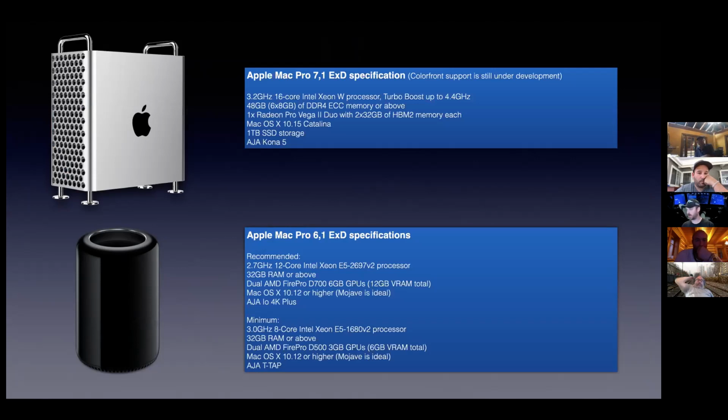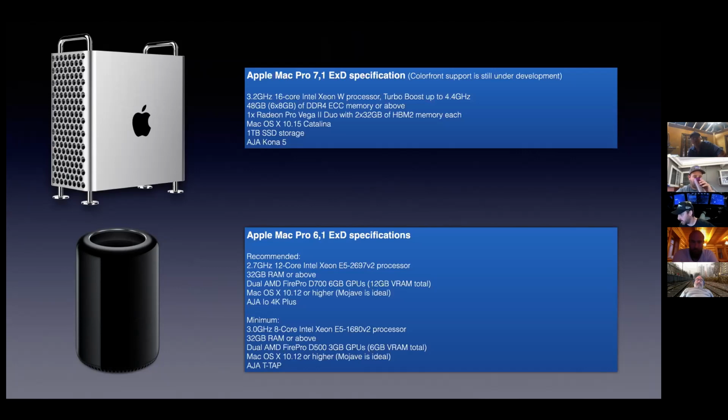So this is the system requirements for, right now, we're still in the process of fully certifying the new Mac Pro 7.1. That's what I'll be showing today. But undoubtedly it will be in release before too long. And so currently what we're recommending is at least a 16-core proc with 48 gigabytes of RAM.